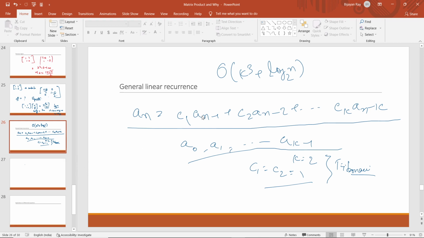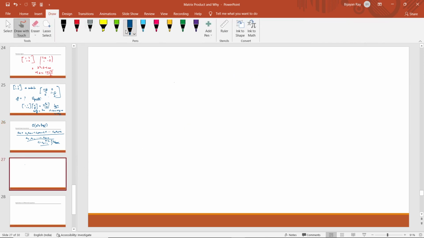Now we are interested in finding the matrix here. What would the matrix look like in this case? Can anyone guess?